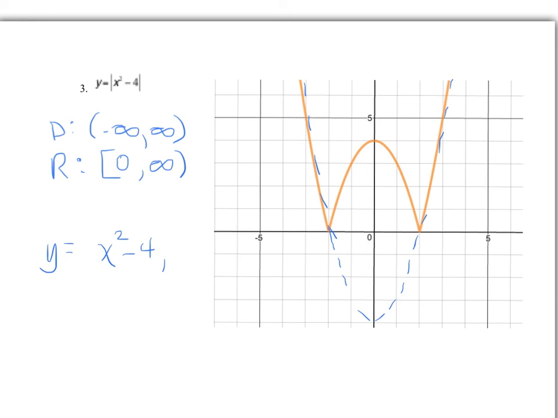And that's when x is less than or equal to negative 2 or greater than or equal to 2. I think I'll put it down below so you can see that better.